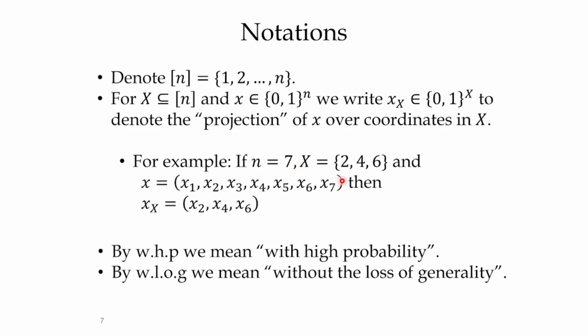As we see, our capital X is 2, 4, and 6, and our x is x1 through x7. If we project x on capital X, we take the 2nd, the 4th, and the 6th position in the indices of x, and this would be our vector.